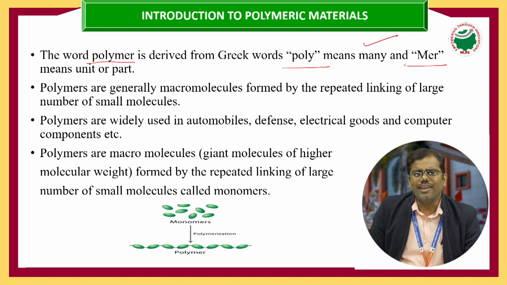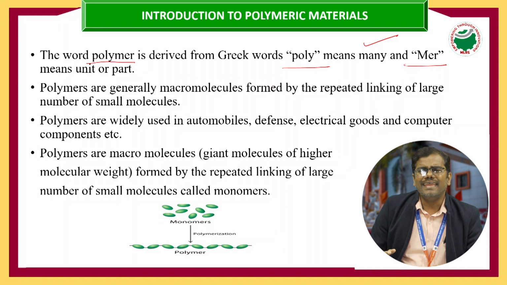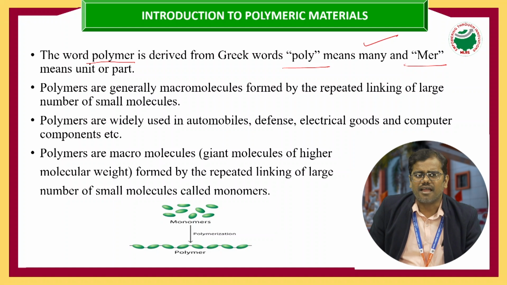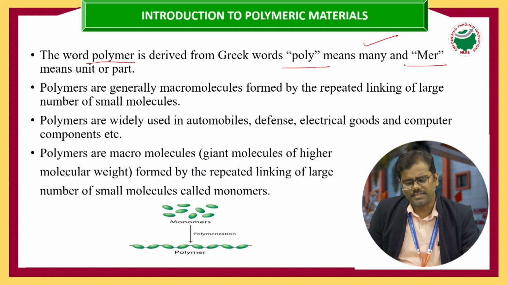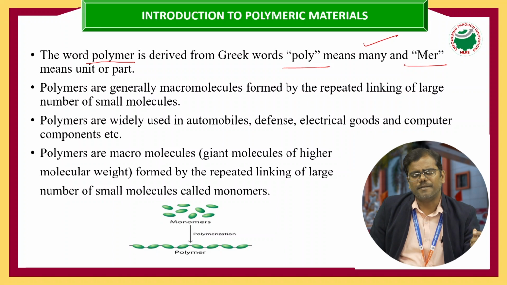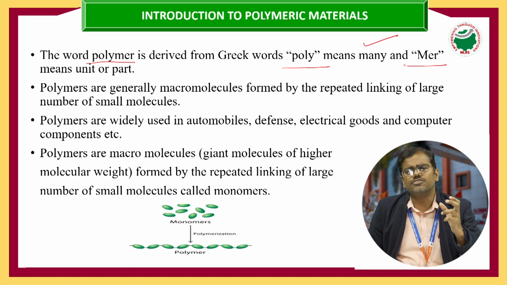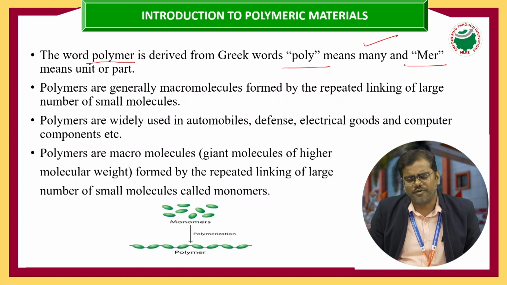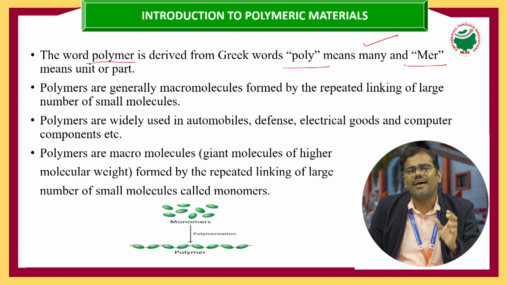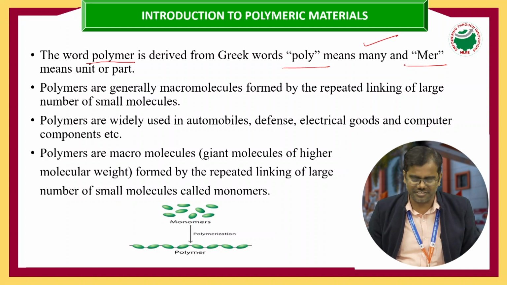So a polymer is nothing but many units or many parts which are combined together in the presence of temperature, pressure and catalyst. A joint molecule is formed, a high molecular weight compound is formed, a large substance is formed, which is known as a polymer, and this phenomenon we call polymerization.